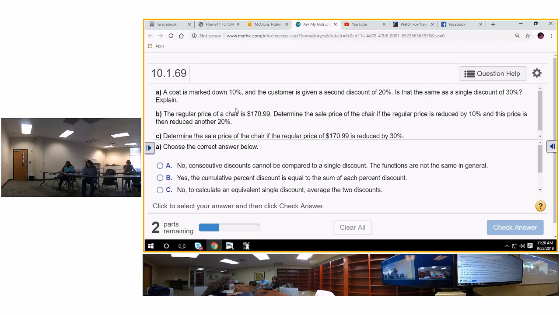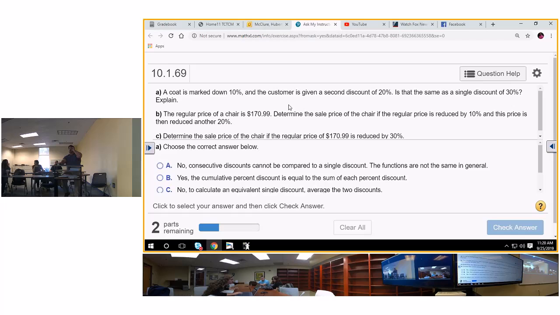A code is marked down 10%, and the customer is given an additional second discount of 20%. Is that the same as a single 30% discount?